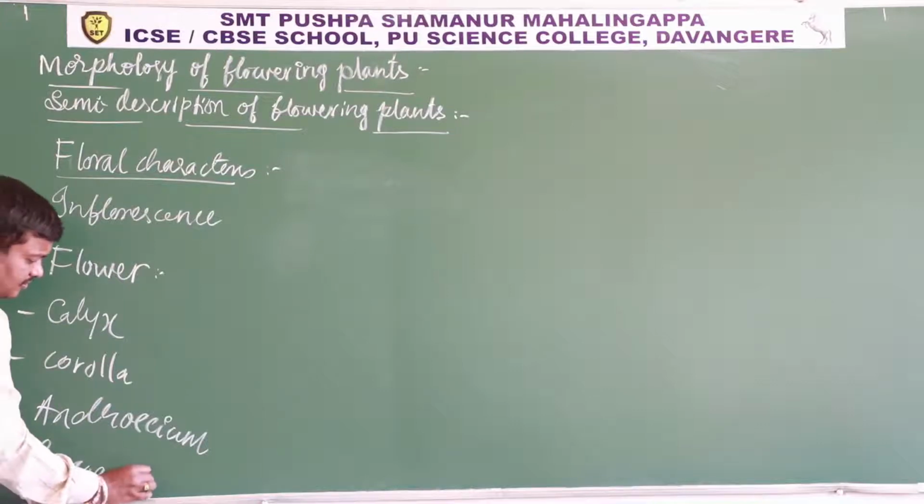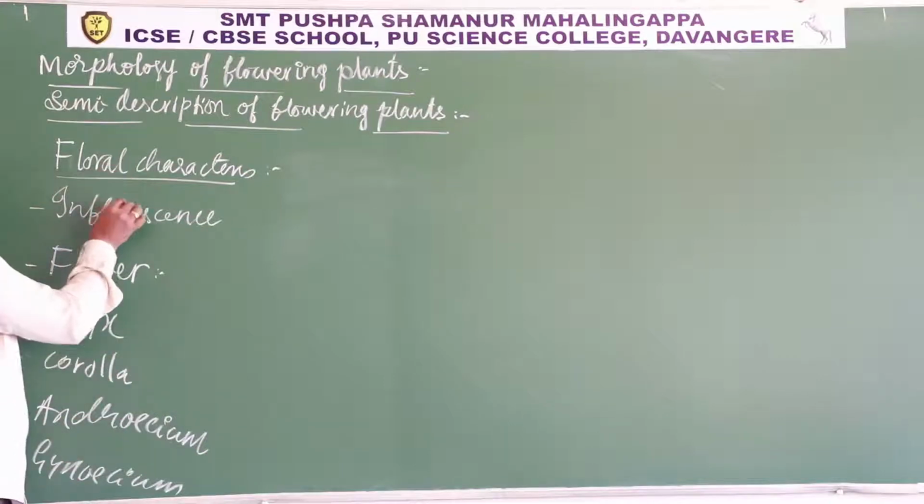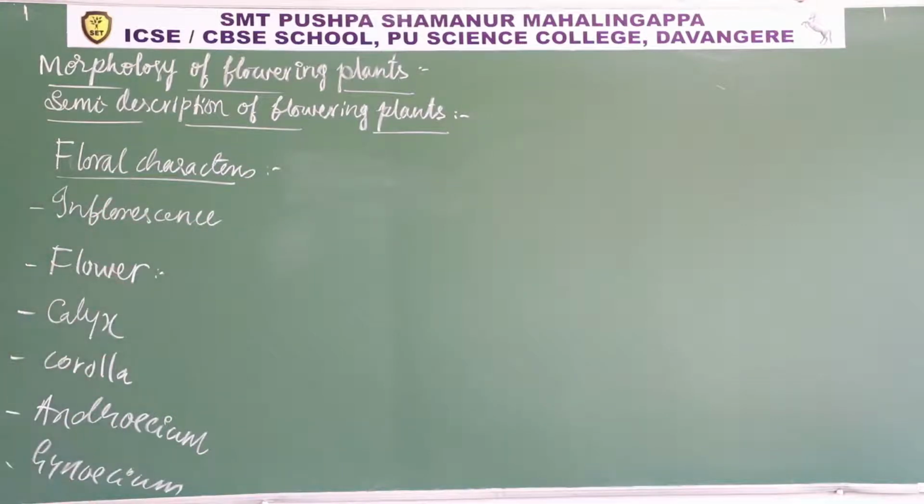These are the characters, and you should write in this order only. If they ask you to write the description of a particular plant, you need to write in this order. Under the floral characters, inflorescence, flower, calyx, corolla, androecium and gynoecium should be described in a specific order. Since it is a semi-description scientific order, you should follow the same order: inflorescence, flower, calyx, corolla, androecium and gynoecium.